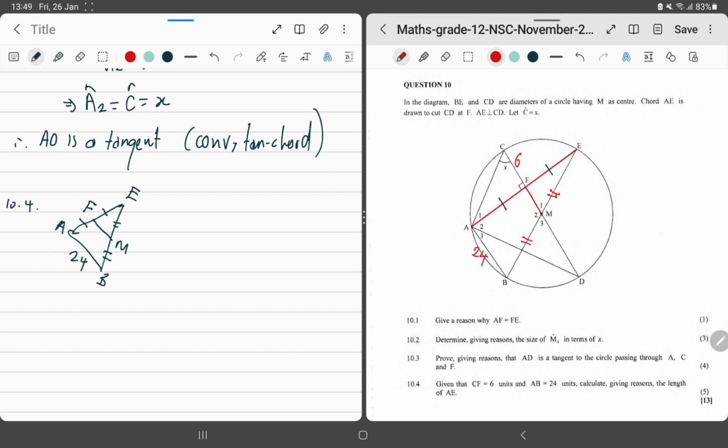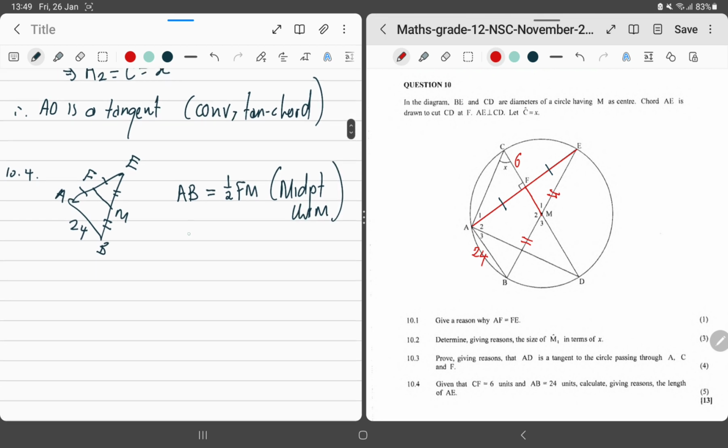And then I'm going to say AB is equal to half of FM. And this is because of the midpoint theorem. So FM is equal to 12 units.